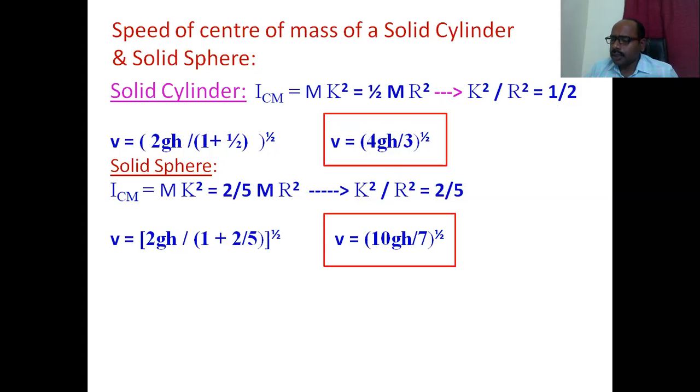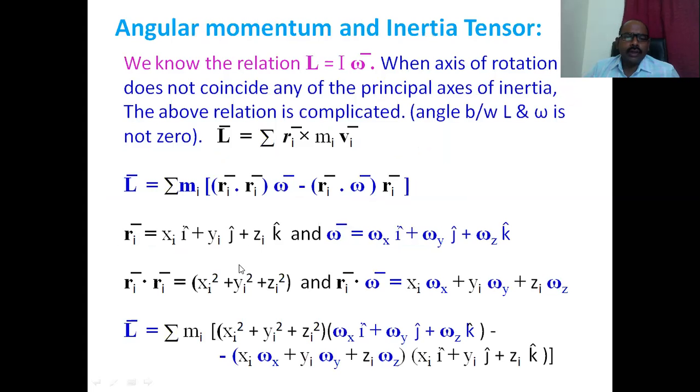After that, we derived the angular momentum and inertia tensor. Whenever L bar and omega bar are not in the same direction, inertia becomes a tensor. Otherwise, inertia is a scalar.